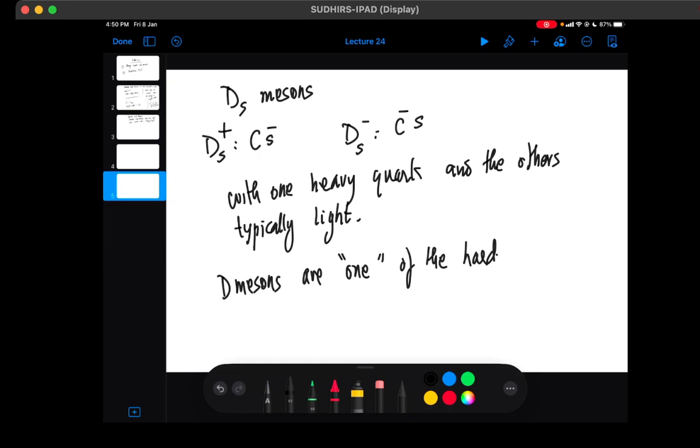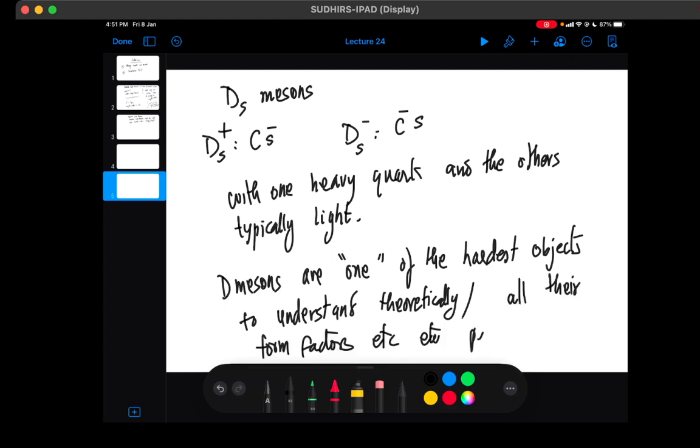Okay, to understand theoretically what their form factors etc. are, precisely. So experiments are also working on it. But theoretically they're one of the hardest objects actually. Why do you say that? Meaning these objects do not have enough tools.